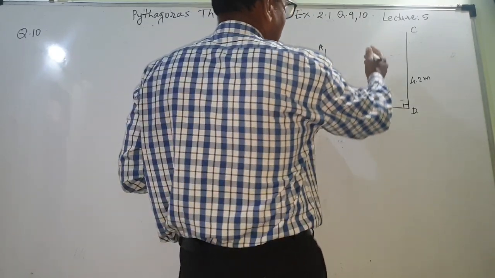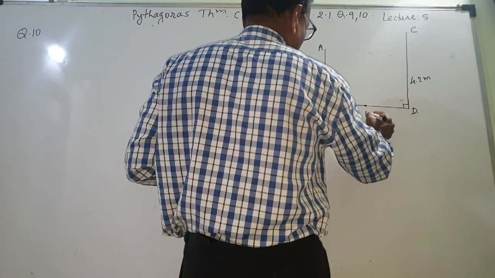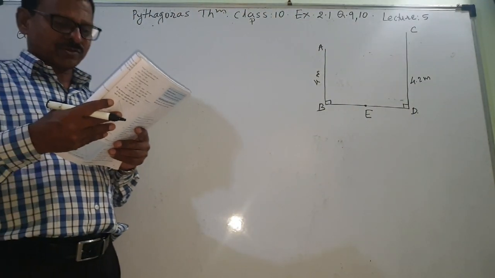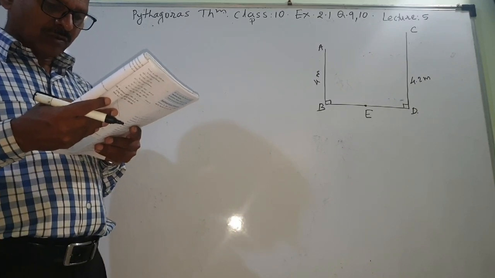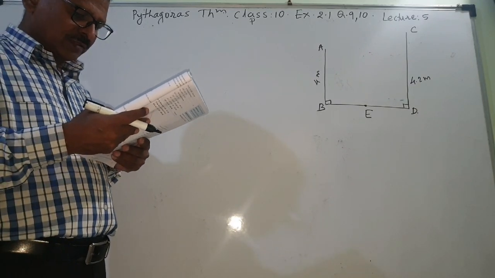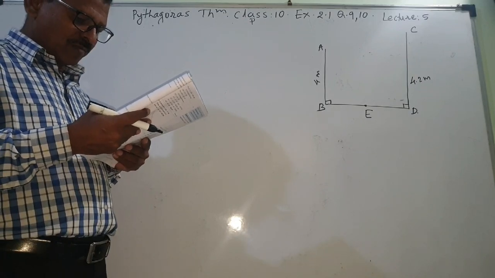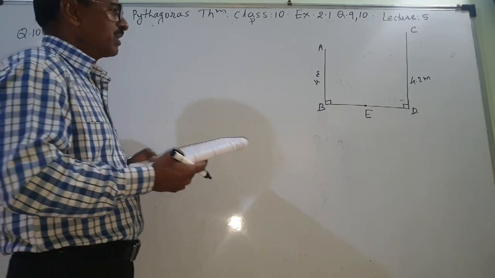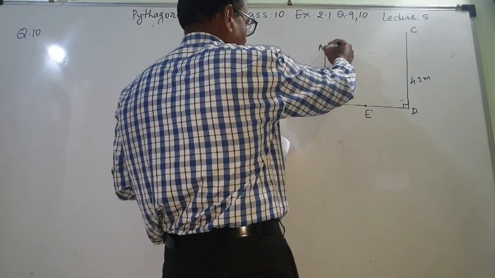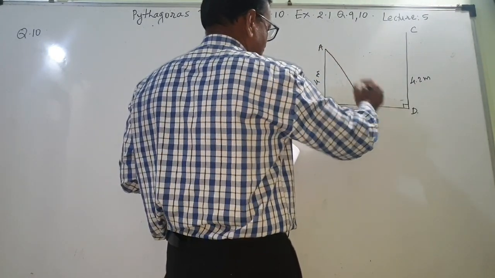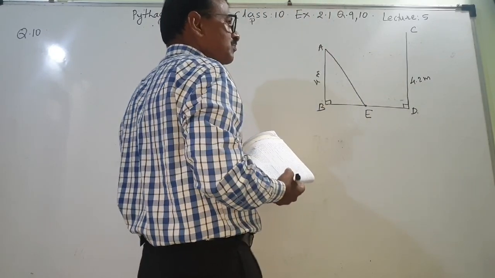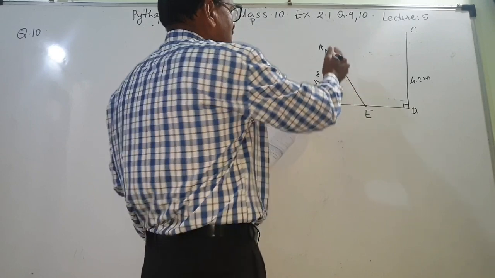This is the point A, B, C, D. Suppose this is the point E. At the point E, the ladder is kept such that its top just reaches the window of a building at height 4 meter. This is a 4 meter height. At this building, it is touching here. Building may be higher also. Here the window is there.